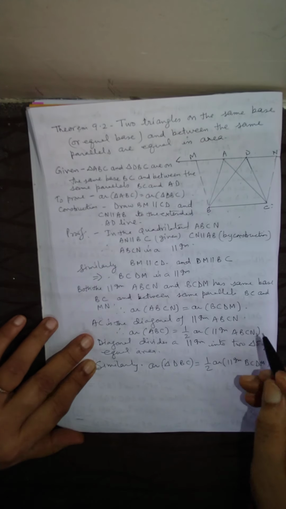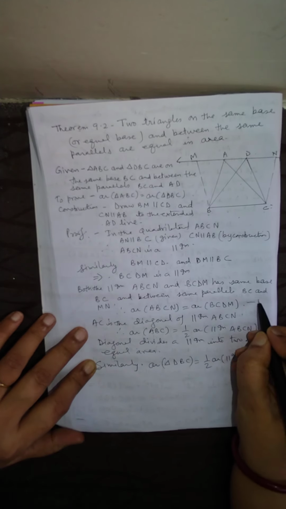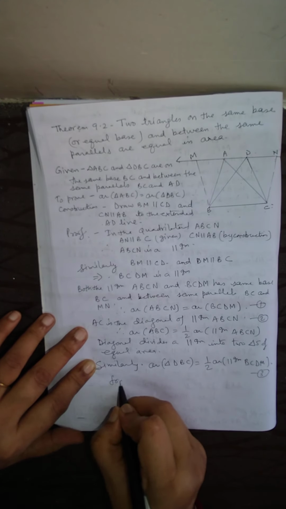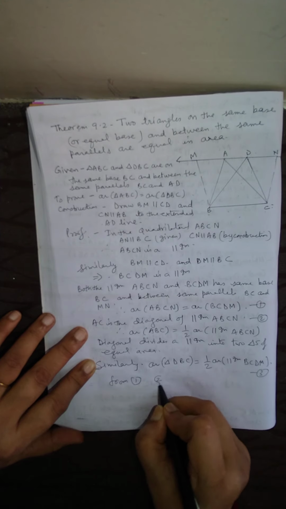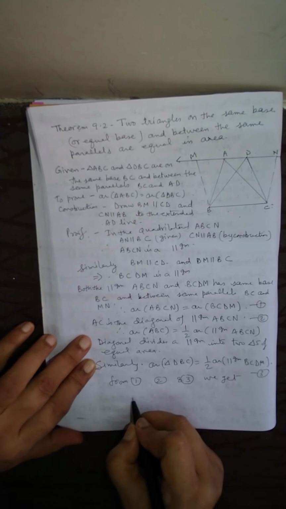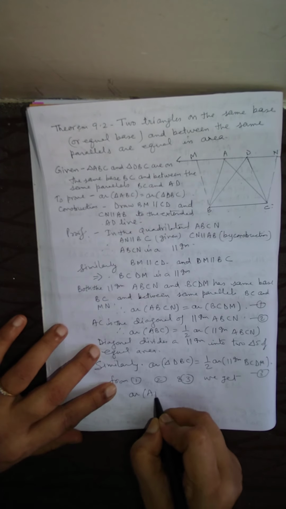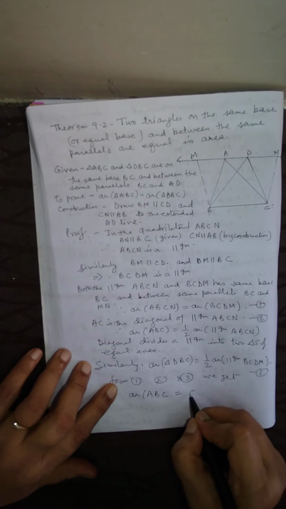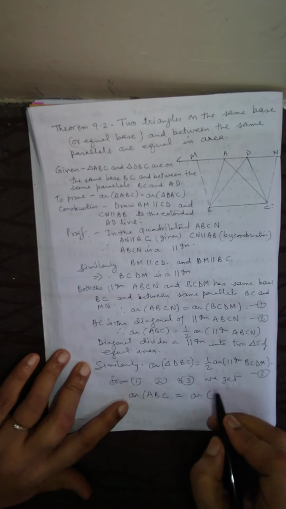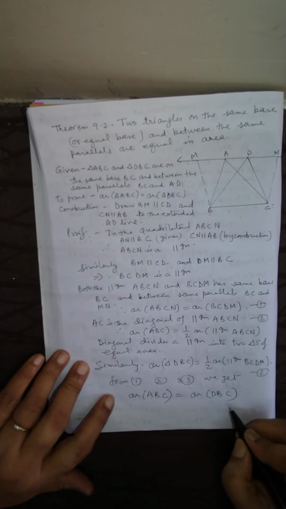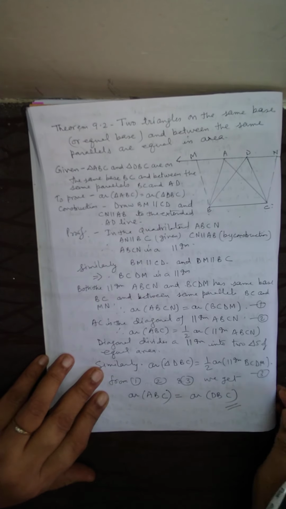Okay, so from first, second and third, what we get? Area of ABC equals area of DBC. This was to prove.